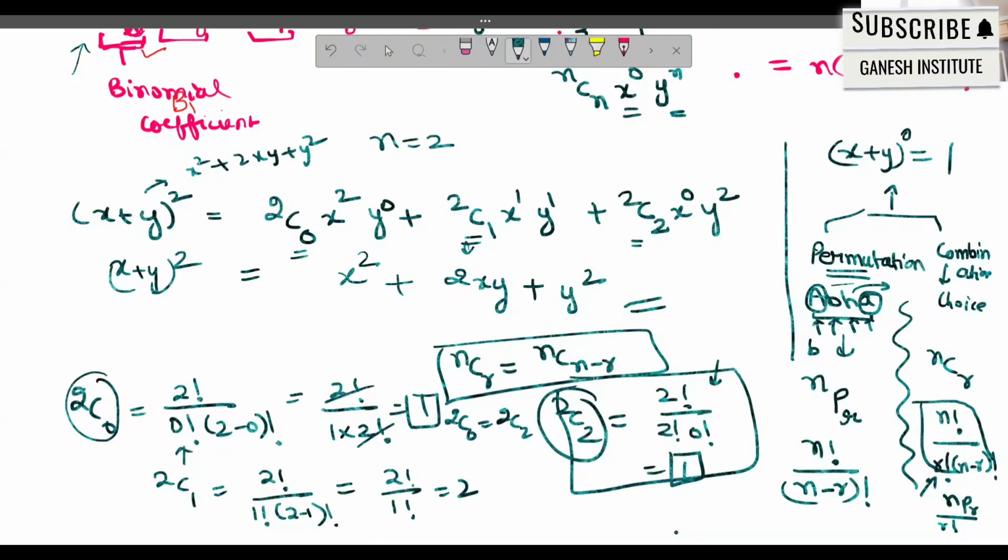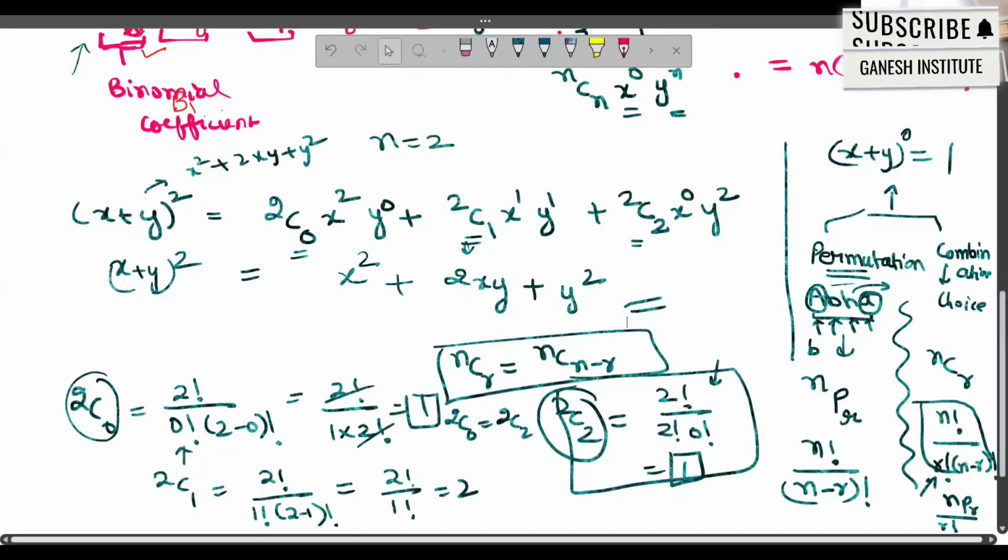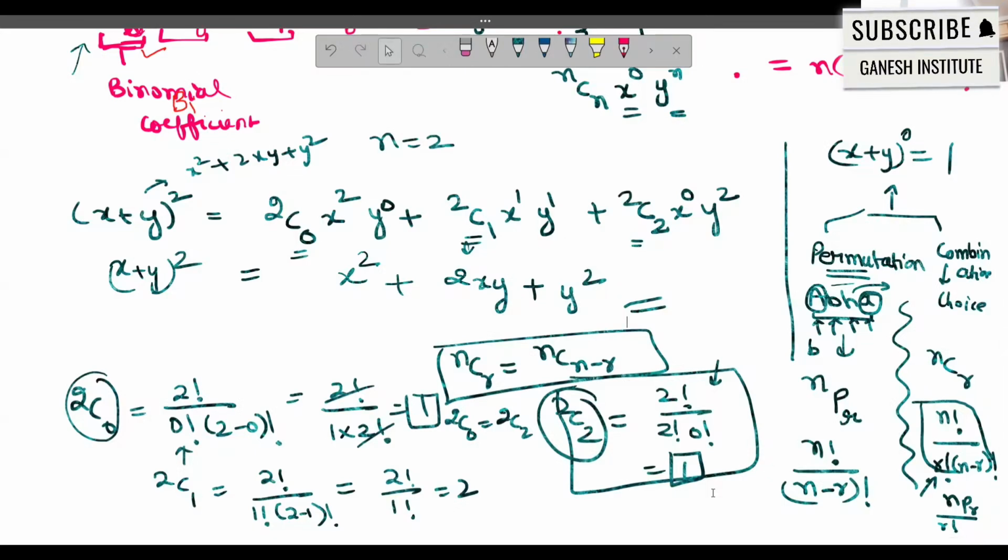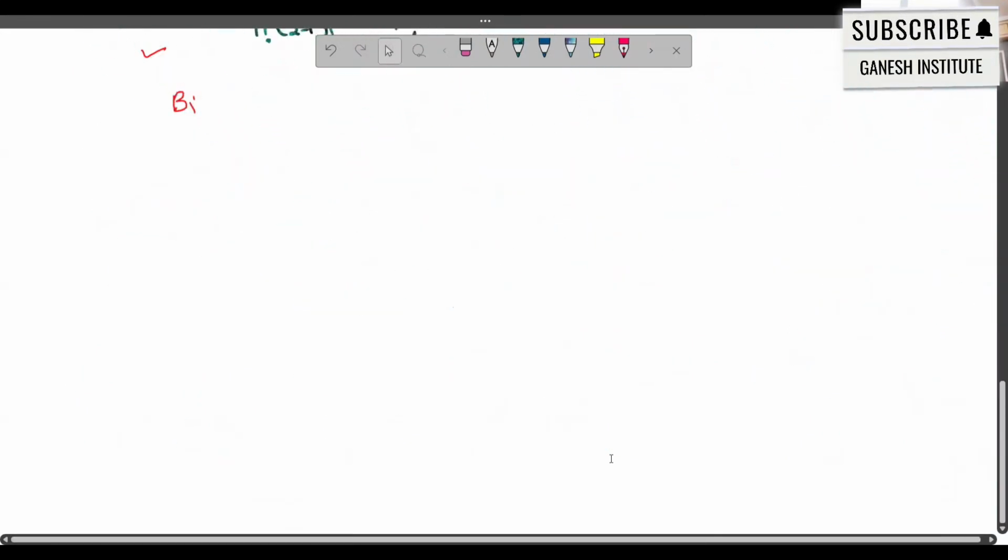Now, do you remember? Have you jotted this down? Okay. Tell me x plus y whole cube, what is it?